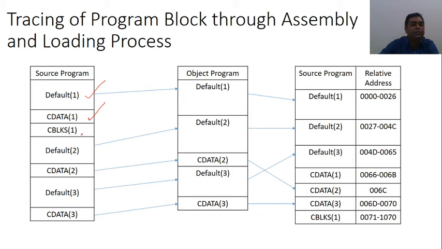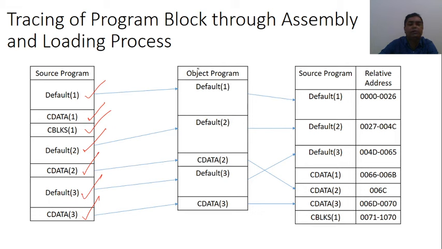Then there was the CBLKS block. Then I am getting another default block, I am calling it default 2. Just look into the source program which we had considered in the program block part 1 lecture. Then C data 2, then default 3, then C data 3. These are the blocks that are given in our source program.